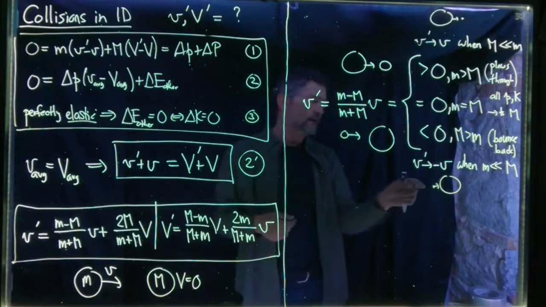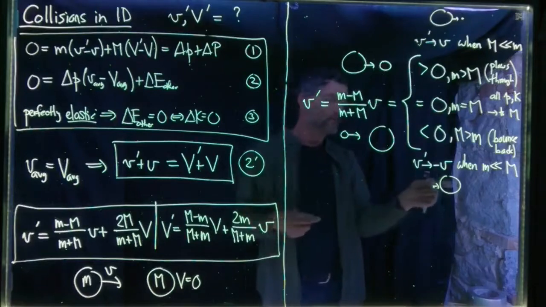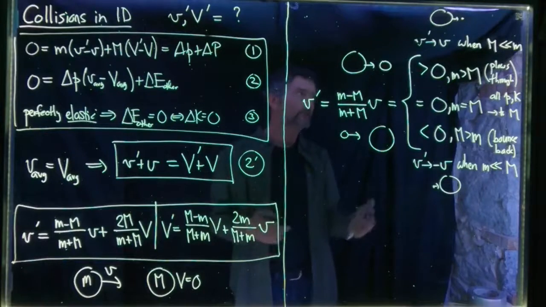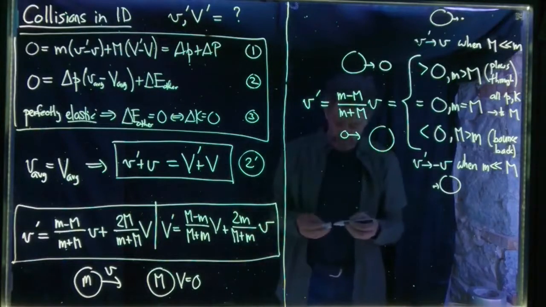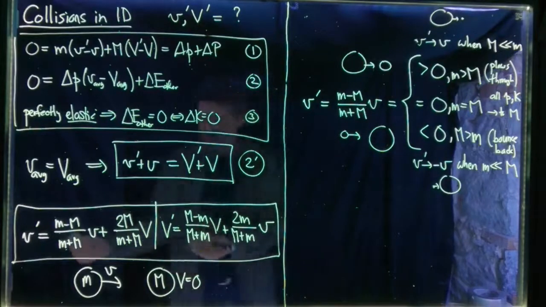Okay, then this tiny mass hits this big, nearly immovable mass, hardly moves, and just bounces back like that. And so the final velocity is negative the initial velocity. Okay, so that's great. So that sort of deals with this term. It explains what this term is doing.